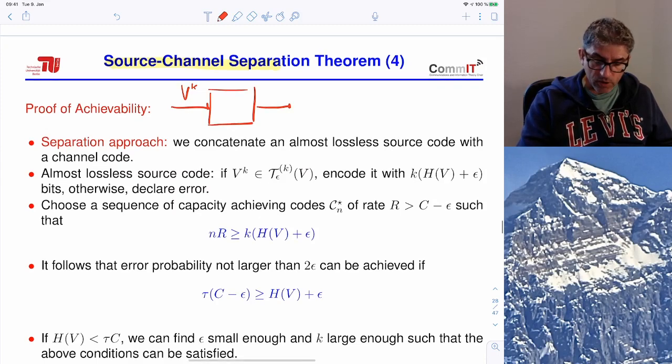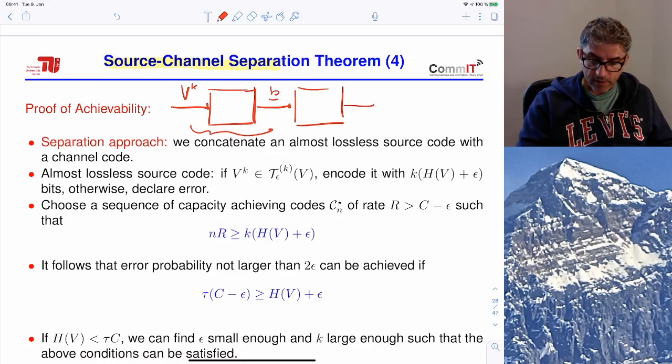An almost lossless fixed-to-fixed compression scheme that takes source sequences and maps them into, for example, binary messages, and this will be the source part, and then an encoder that takes binary messages and maps them into codewords.